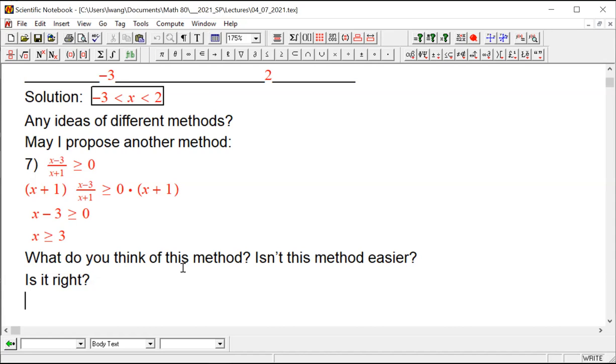We like it easier, yeah? But the question is, it has to be right. But is it right?